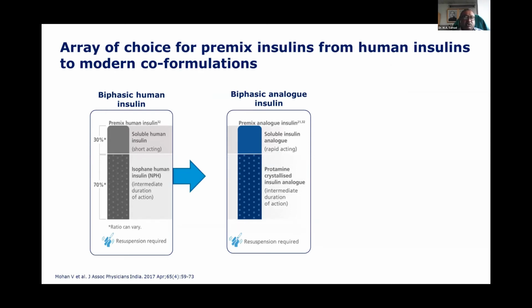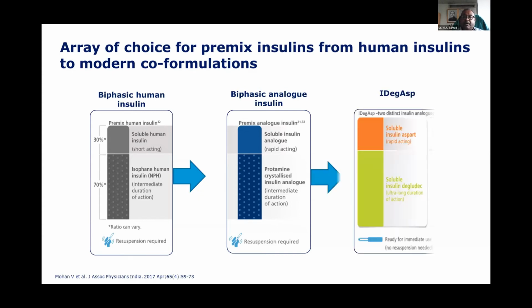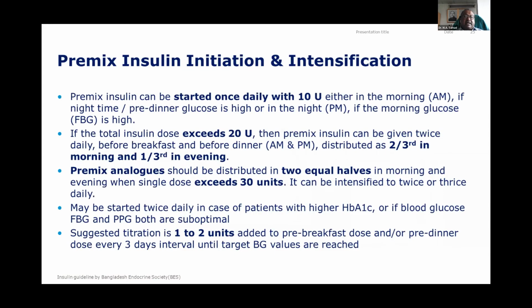But both of these require resuspension in the pen. Another is co-formulation, that is soluble insulin aspart, rapid-acting insulin, plus insulin degludec. This is long-acting insulin that does not require any resuspension, and there is flexibility of your mealtime.